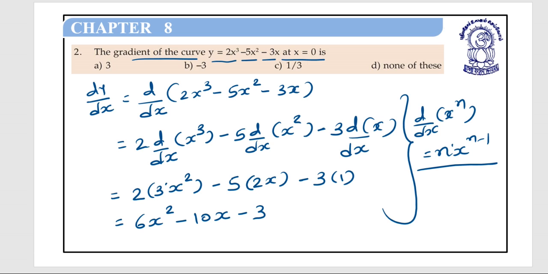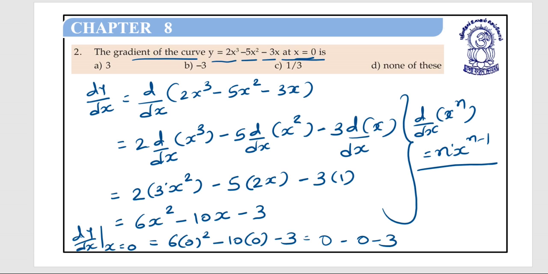Here x is equal to 0. So dy by dx where x is equal to 0: 6 into 0 square minus 10 into 0 minus 3 is equal to 0 minus 0 minus 3 is equal to minus 3. So option B is the right answer. Minus 3 is the right answer.